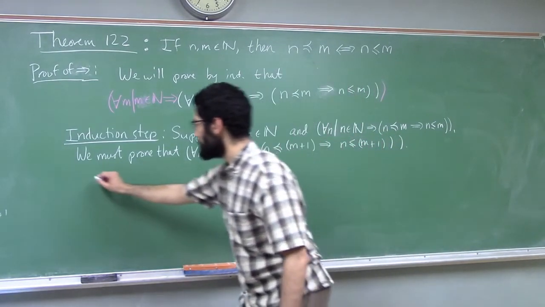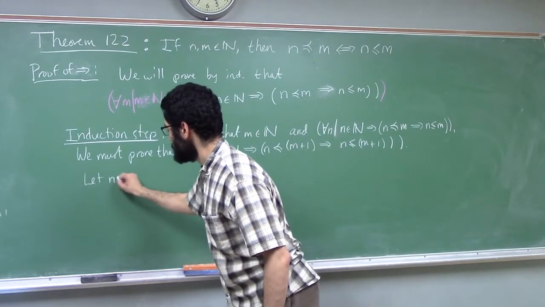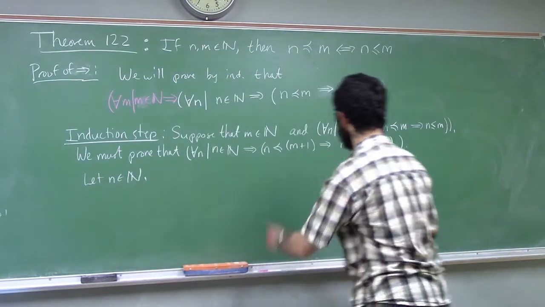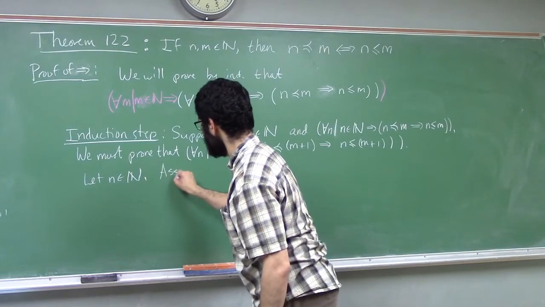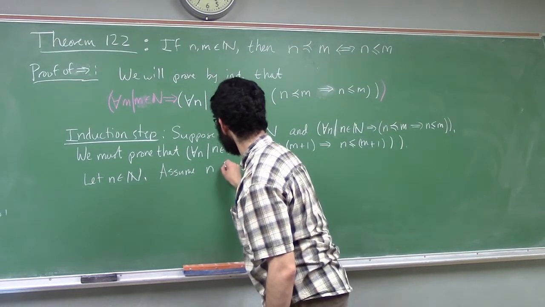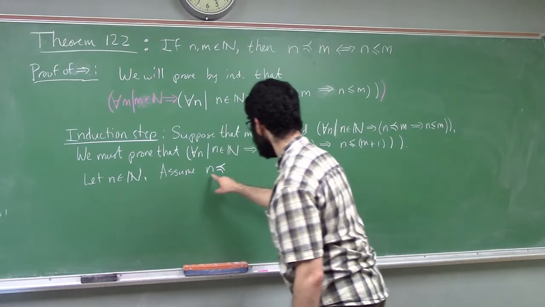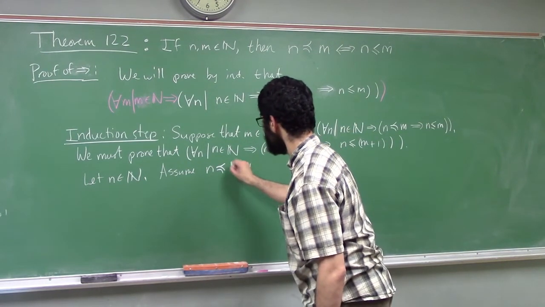Let n be a natural number. And now our goal is to prove this implication. So assume the left side. Assume there exists an injection from n to m plus 1.